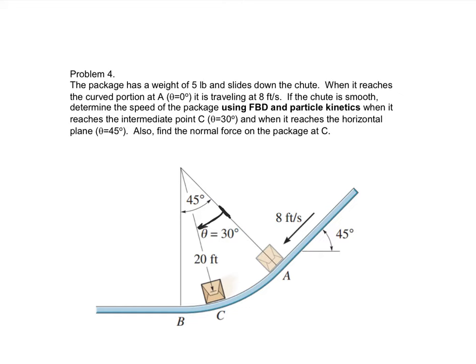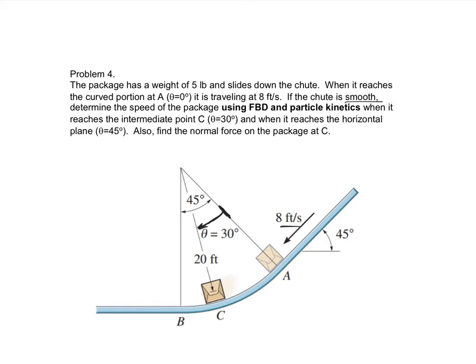So it reaches point A traveling at 8 feet per second. If the chute is smooth, so no friction, determine the speed of the package using free body diagram and particle kinetics when it reaches an intermediate point C, where theta is 30, and when it reaches the horizontal plane, and also find the normal force on the package at C.